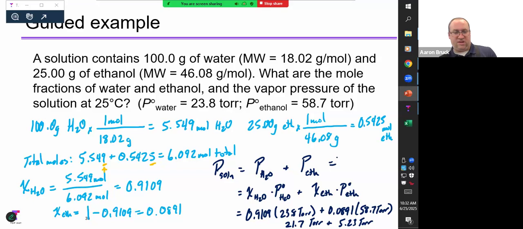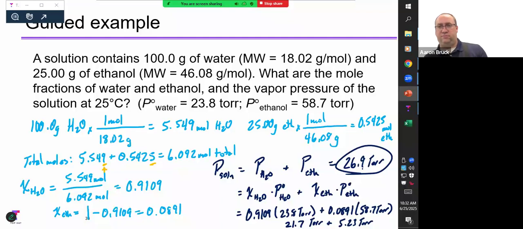I add those two together to one decimal place. We get 26.9 torr as the vapor pressure.